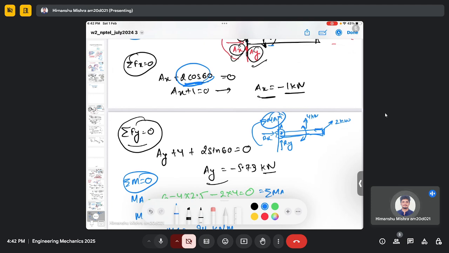So I said that at a given instant, this will be your free body diagram. I said given instant because this beam can rotate, and due to gravity, this beam will rotate in this direction, and this will be your final position of the beam, right? After the rotation, Rx, and this will be Ry.